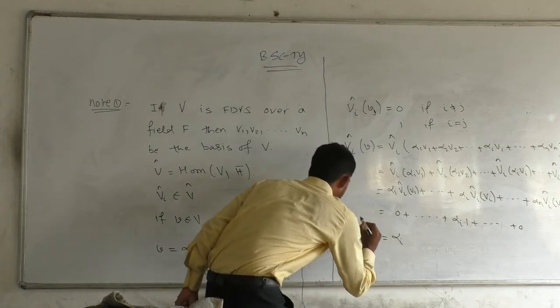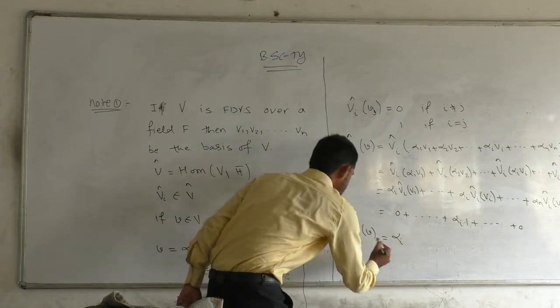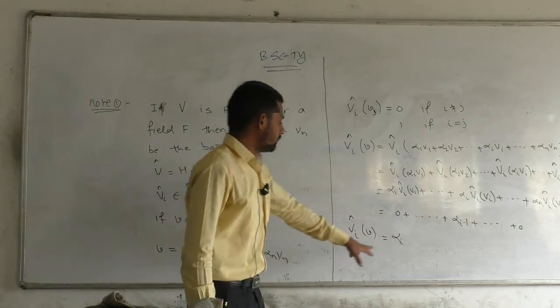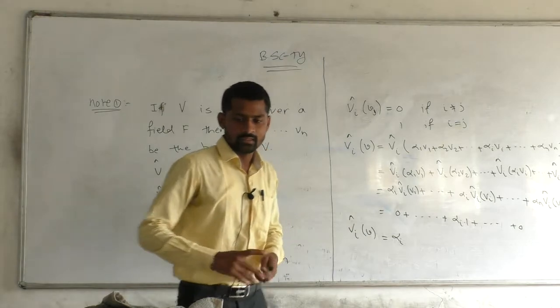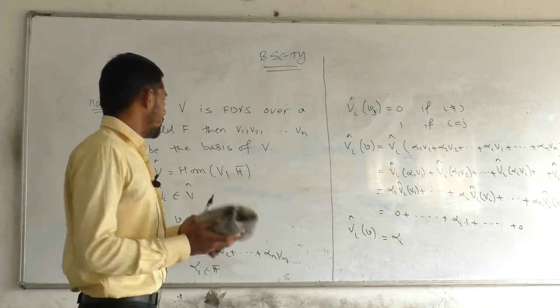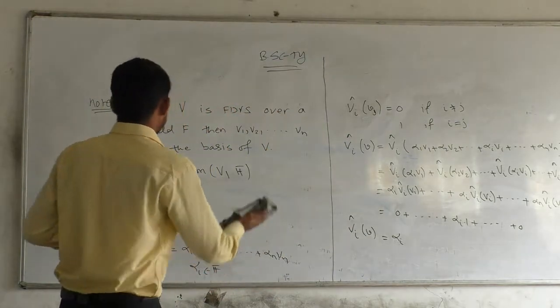So vi dual of v is alpha i. Here alpha i is an element of the field F, and F is of dimension 1.